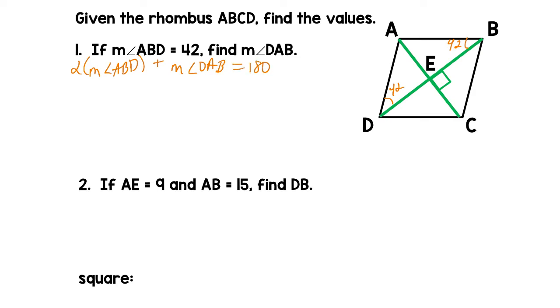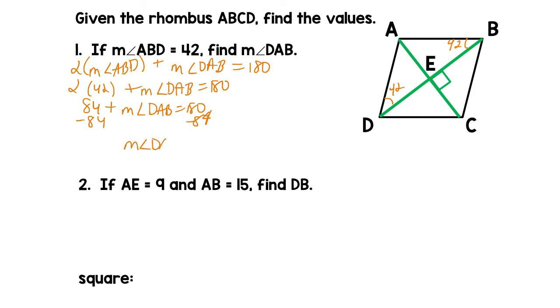We'll substitute in what we know: 2 times 42 plus the measure of angle DAB gives us 180. 2 times 42 is 84, plus the measure of angle DAB still equals 180. We subtract that 84 from both sides, and we get the measure of angle DAB is 96. That makes sense, I hope.